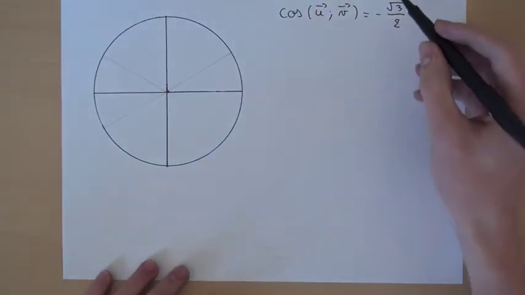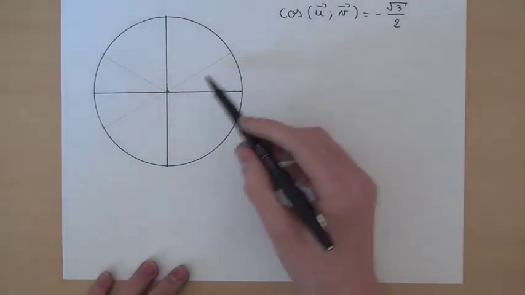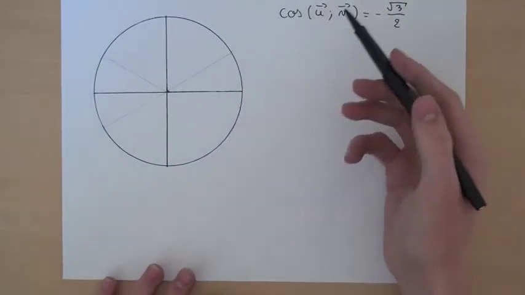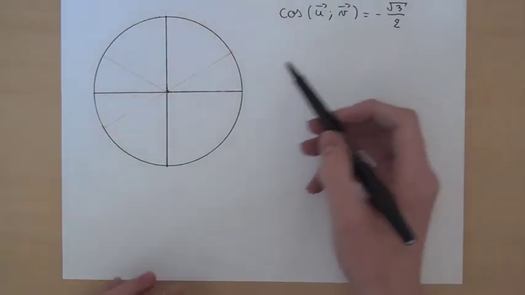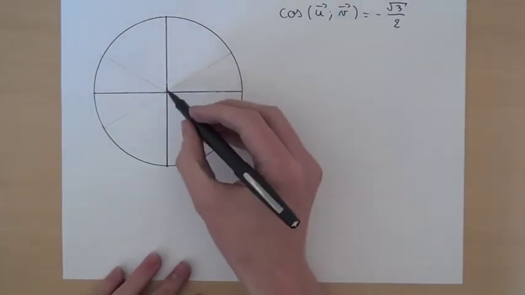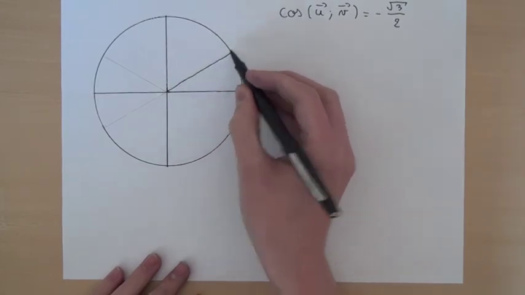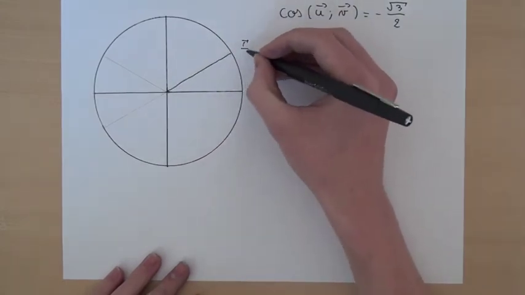So, normally you know that if the cosine of uv is √3/2, the angle will be here, π/6.